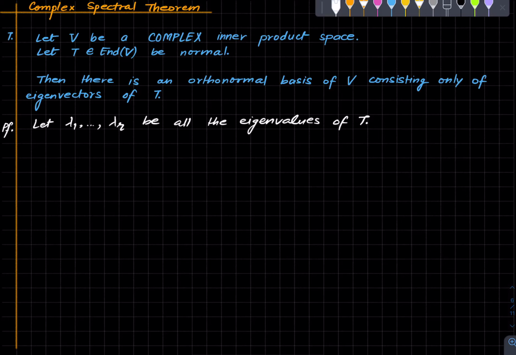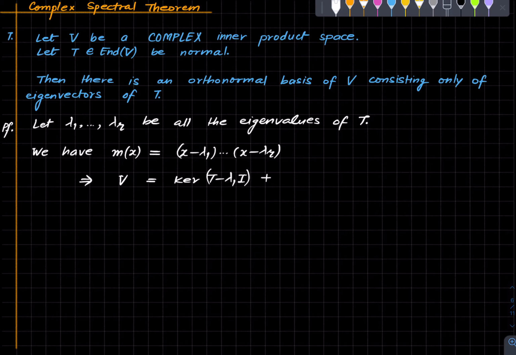Okay, then by what we have proved, by the fact that T is diagonalizable, the minimal polynomial of T is this. So mx is the minimal polynomial of T. Let me not write that. So by the primary decomposition theorem, we have the vector space decomposing like this.